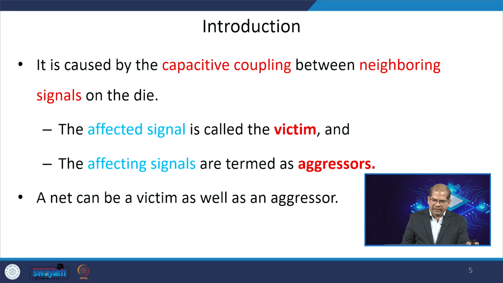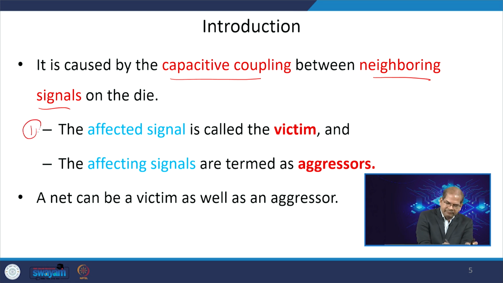So, it is caused by capacitive coupling between neighboring signals. The capacitive coupling between the neighboring signals is the main cause of crosstalk. There are two types of signal, one is called the victim signal and one is called the aggressor signal.